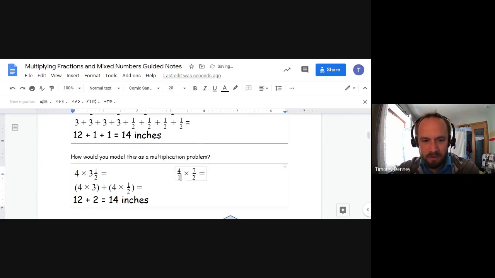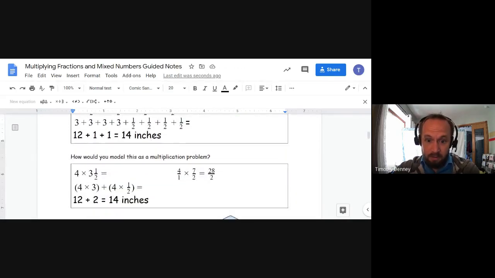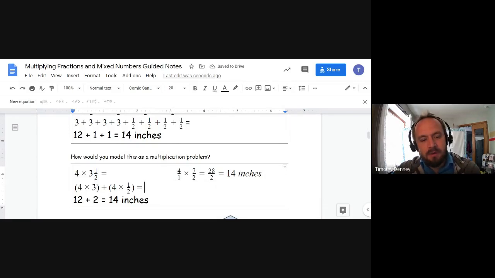It's just rewriting it as a fraction. And if I have a fraction times a fraction, the rule is you multiply the tops and you multiply the bottoms. At least I hope that's the rule. Let's go back and make sure. Well, looks like we end up with the same thing. So I'm pretty confident that's the rule. And now we just need to simplify that, 14 inches. So there we go. You just multiplied a mixed number.